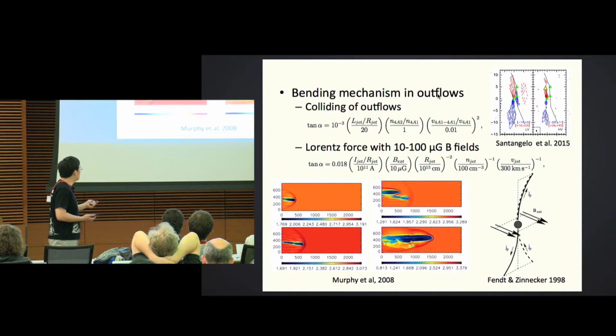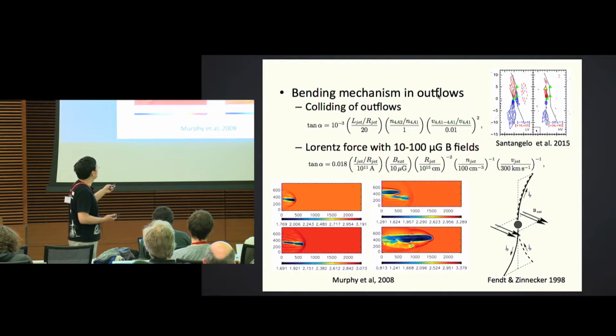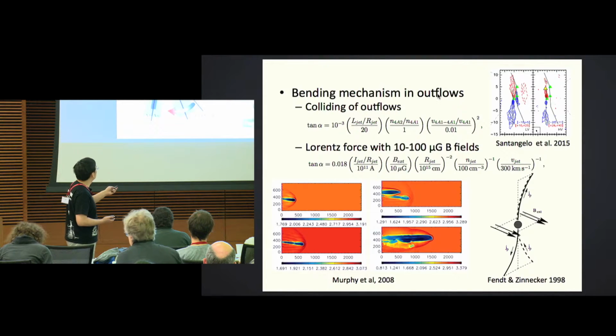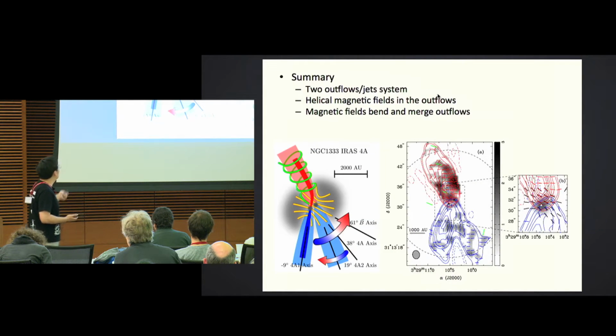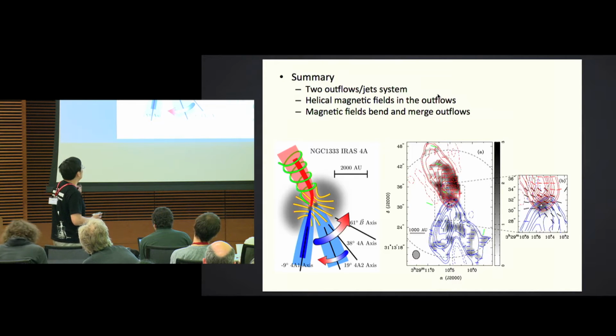And also in the simulation of Machida et al., they put a vertical magnetic field in the Z direction here, and they show that the interaction between two outflows due to the magnetic field can merge into one main outflow. So we think this is representative of the story here. We have two outflows launched from two jets, and due to the helical magnetic field, the outflow in the red shift is merged into one.